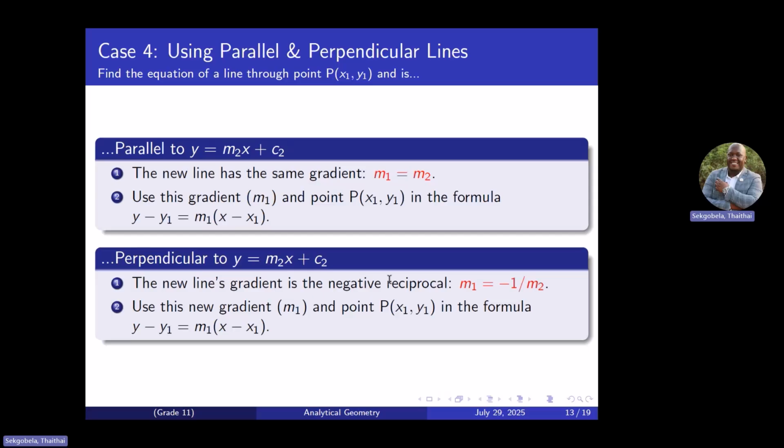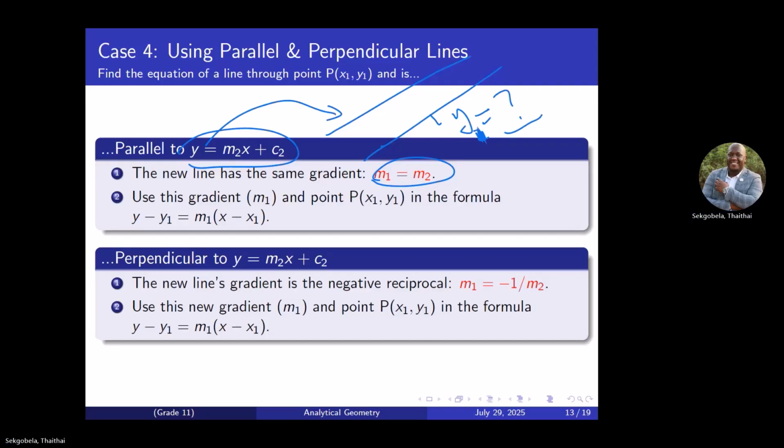Now, using parallel and perpendicular. Now they are saying parallel to y. So this is the equation. The new line has the same gradient. That's what I mentioned: they give you a line, and then they say this line is parallel to this line. Now you have another line that is parallel, and you don't know its equation.